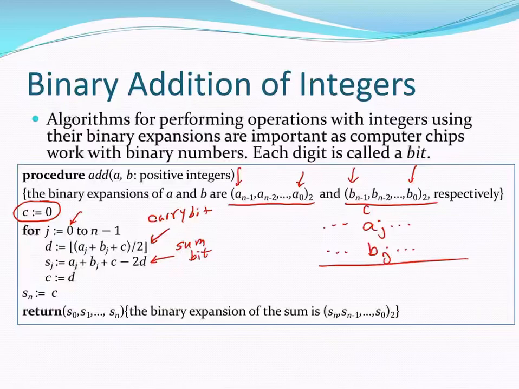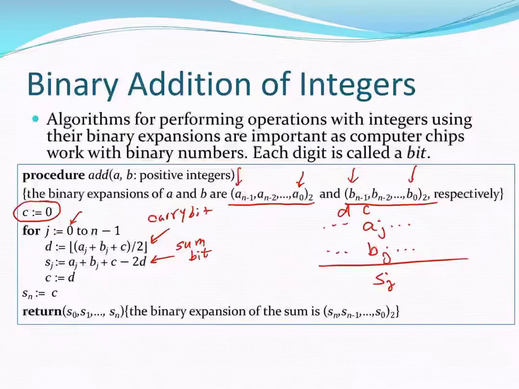And then we would first calculate the carry bit. We would calculate d for that column j. And then once we know d, we can calculate the sum bit or the write down bit s sub j. Okay? And if you didn't see that other video for the derivation of these, please check that out.